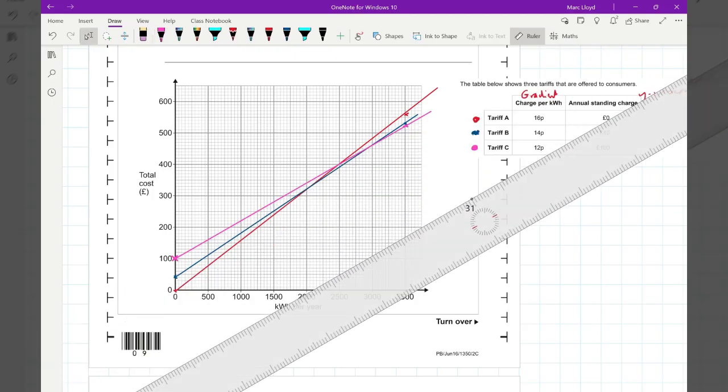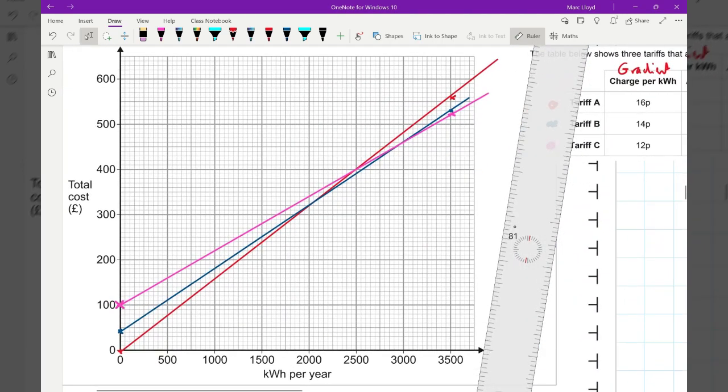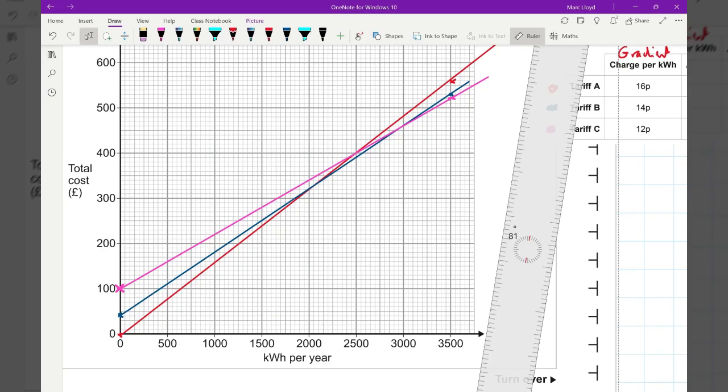There we go. So what we can now see here is we can now advise which tariff is the best one. So we've got a bit of a crossover point here, which means that in this bit, and I'll go to black while I'm writing this, tariff A is cheaper here. From this crossover point, we can see here the blue one is bottom until we get to here, and then here is where the pink line is better.